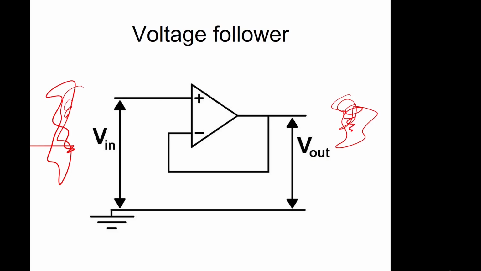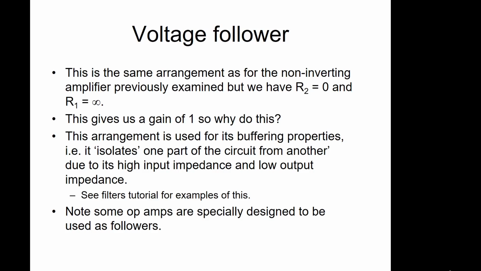We'll come back to this a little later on when we talk about filters. This is a special arrangement for the non-inverting amplifier, and it's connecting circuits up but disconnecting the characteristics of each circuit, so one circuit doesn't affect the other circuit. Okay, and that's called a voltage follower. So we'll see an example of that in operation when we come to design some more circuits.